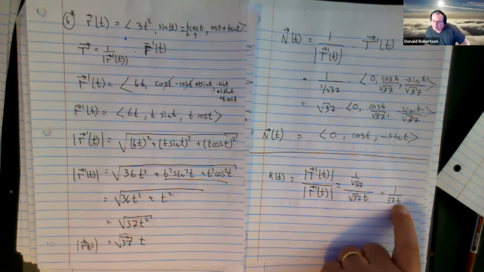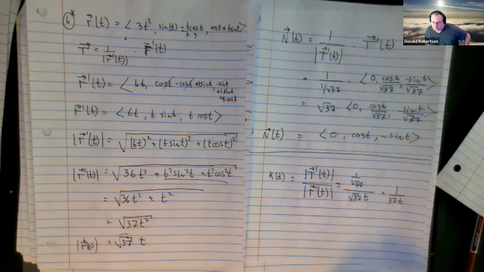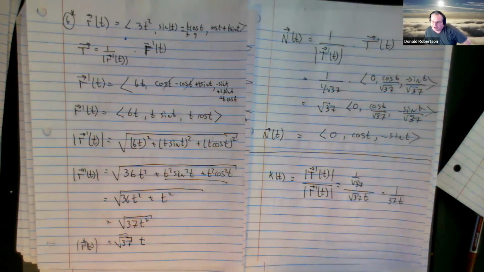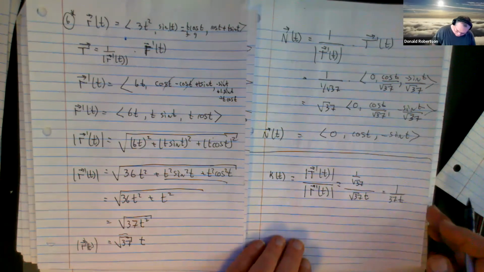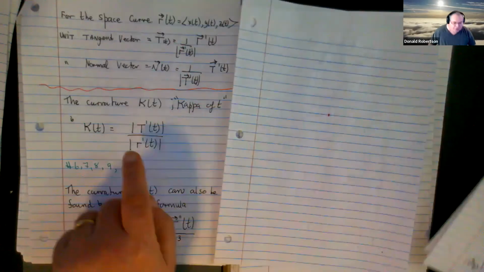As t gets bigger, won't the curvature become closer and closer to 0? So I can tell you that this space curve, as much twirling and spiraling as it does, as time goes on, won't it just basically find a direction and just go straight? 0 curvature, right? Straight. And that is how you get curvature.